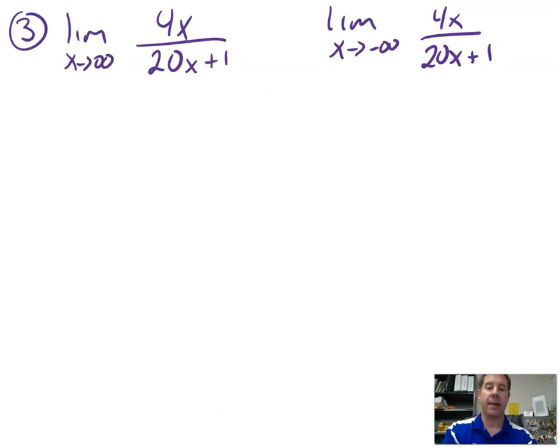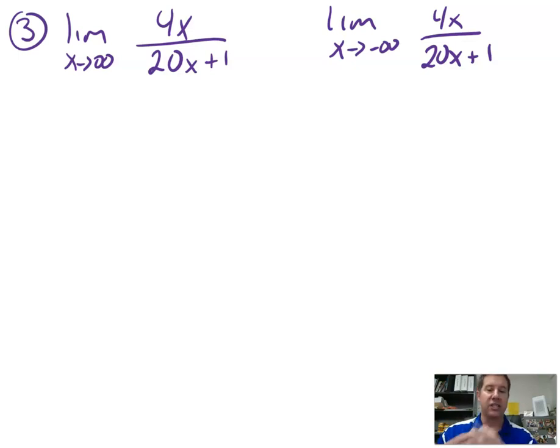Okay, here's our next example. The limit as x approaches infinity of 4x over 20x plus 1. Alright, here's some other analytical things we can do with limits as we approach infinity, and other ways we can think about this. If I want to evaluate this limit, if I've got 4 times infinity over 20 times infinity plus 1, is that plus 1 really doing anything?